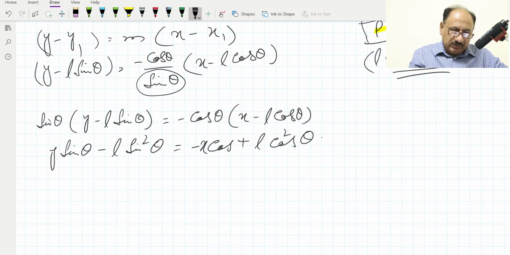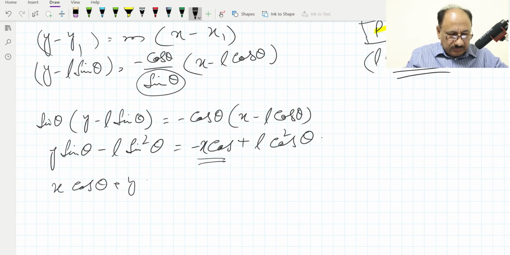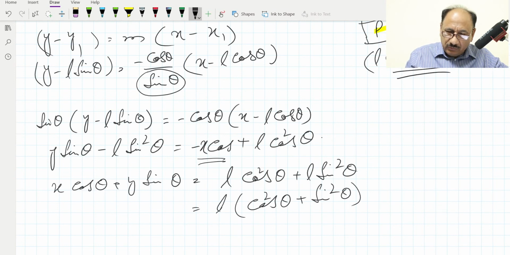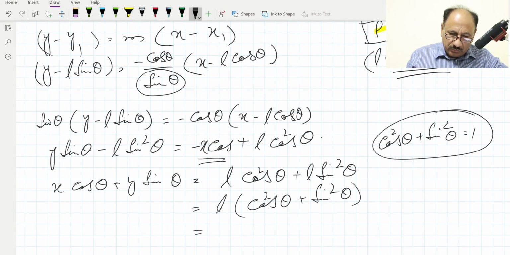Now we can shift the x value to the other side, so it will be x cos theta plus y sine theta will be equal to L cos square theta plus L sine square theta, and we can take L common, so it will be cos square theta plus sine square theta, and we know cos square theta plus sine square theta is equal to 1, so this portion will change to L only.